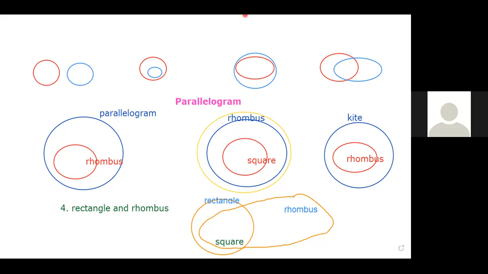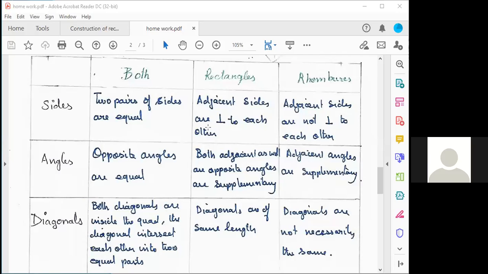Now I will stop share and go back to the previous one from where we started this. Okay, so rectangles and rhombuses, two pairs of opposite sides, you should say.